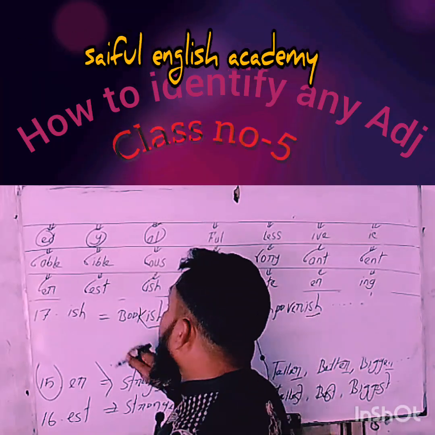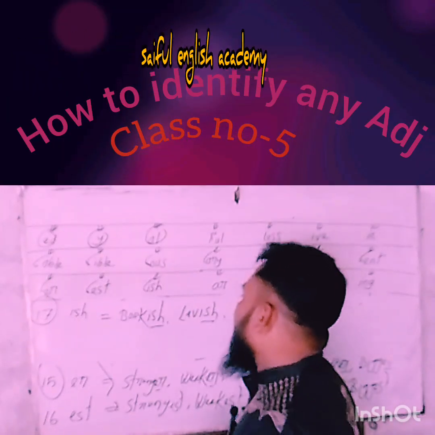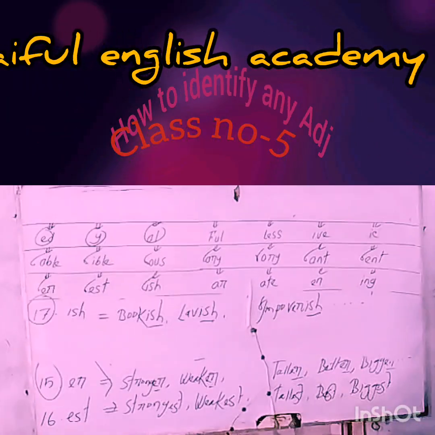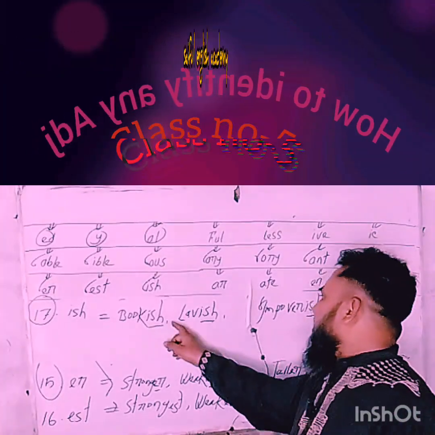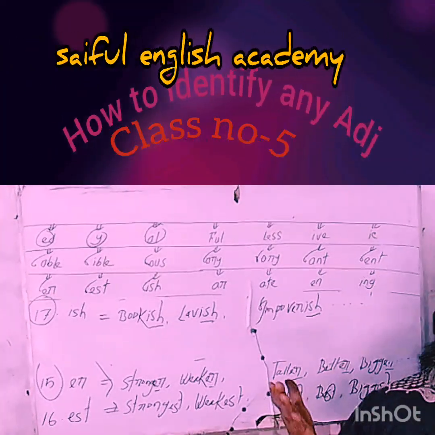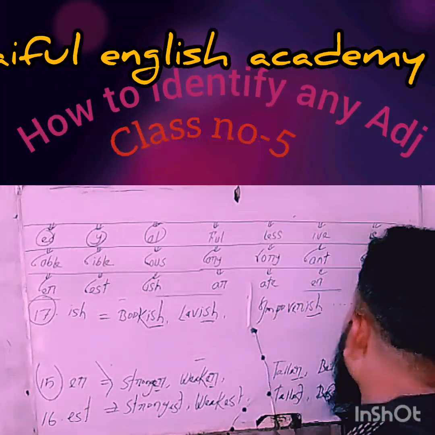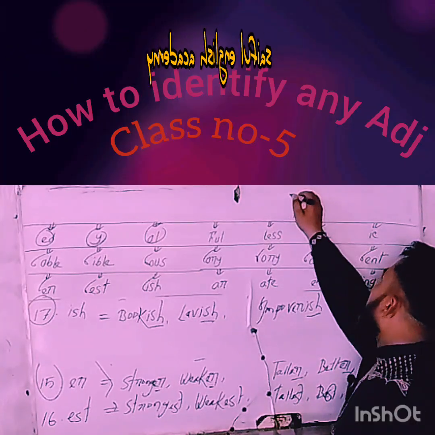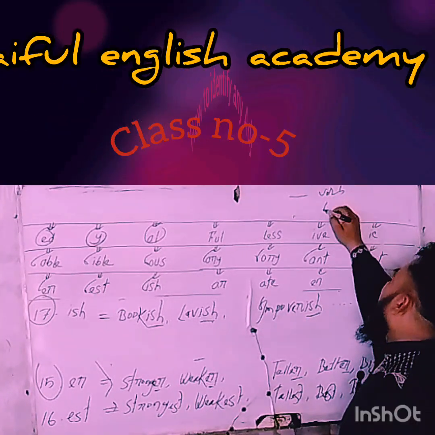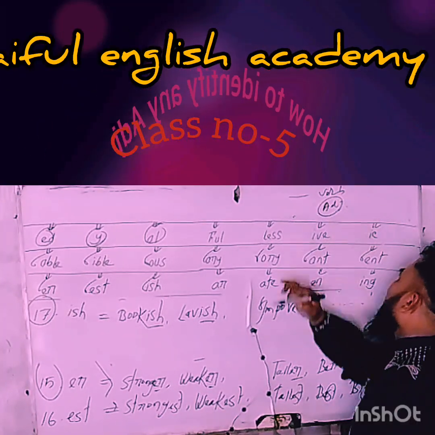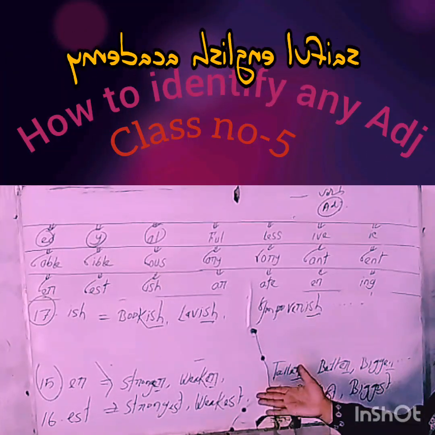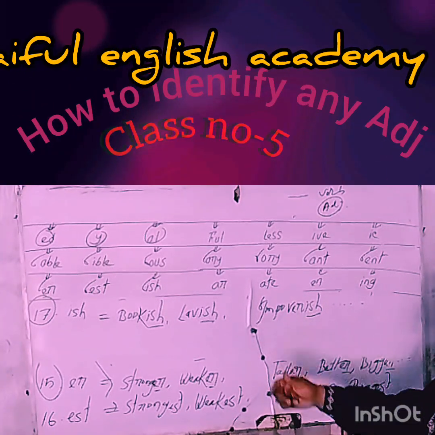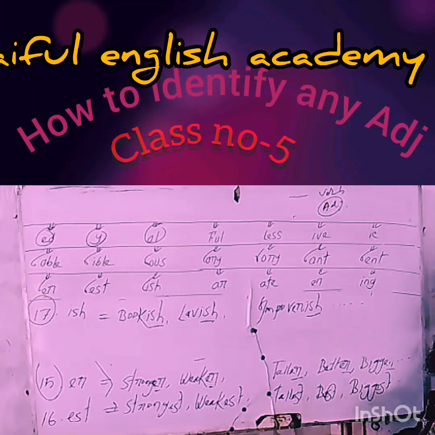But you have to mind that sometimes we can see various kinds of words of verb with ISH. So to see the suffix ISH, you have to select the position of verb and position of adjective.